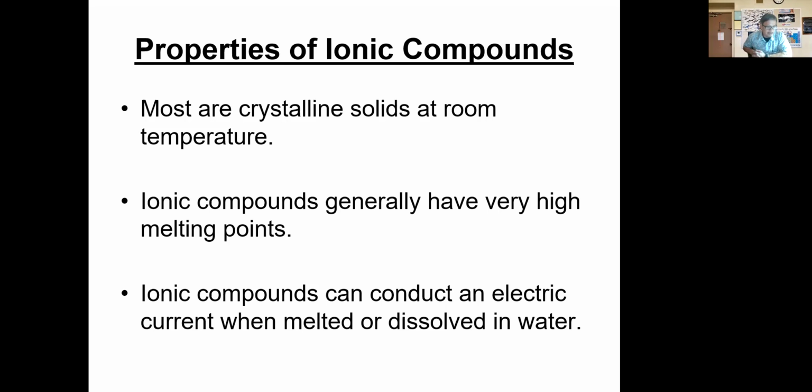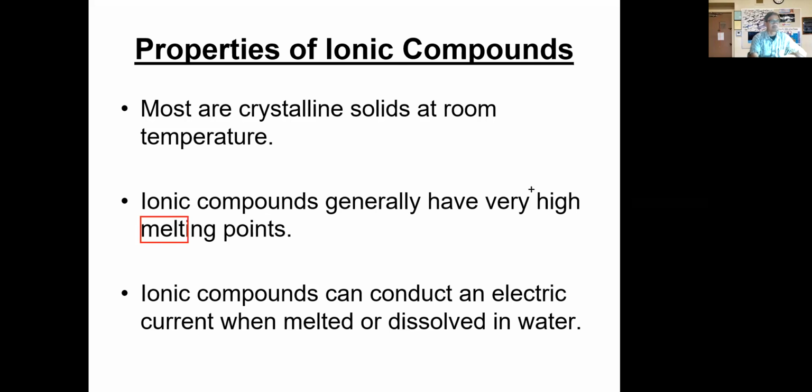All the ionic compounds are solids at room temperature, and they will be crystalline in nature for the most part. And the reason for this is because ionic compounds have a very high melting point, and I'm hoping that you were able to pick up on that in the Fit Lab that we did.